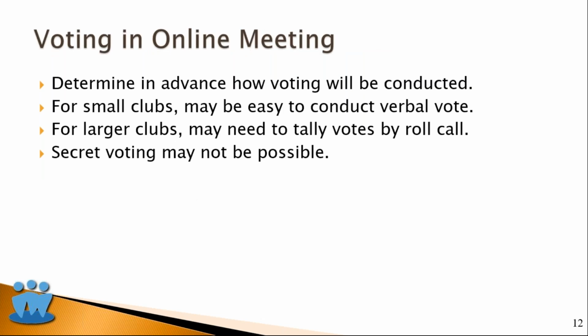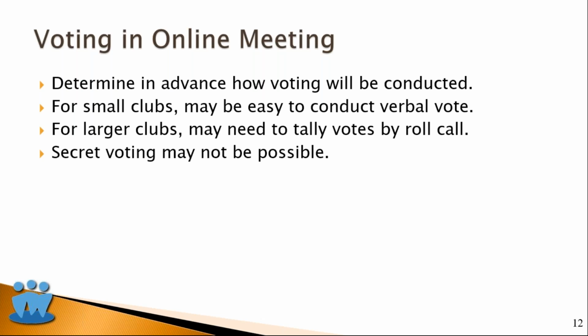Now, you will also need to address the issue of voting in online meetings, and you should determine in advance, or maybe during your first meeting, how voting is going to be tabulated. For a small club, it's certainly easy enough to conduct a verbal vote where you can hear the yays and the nays.